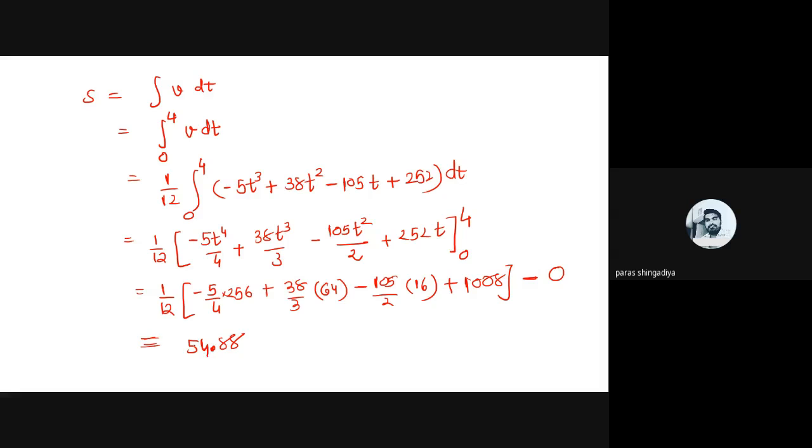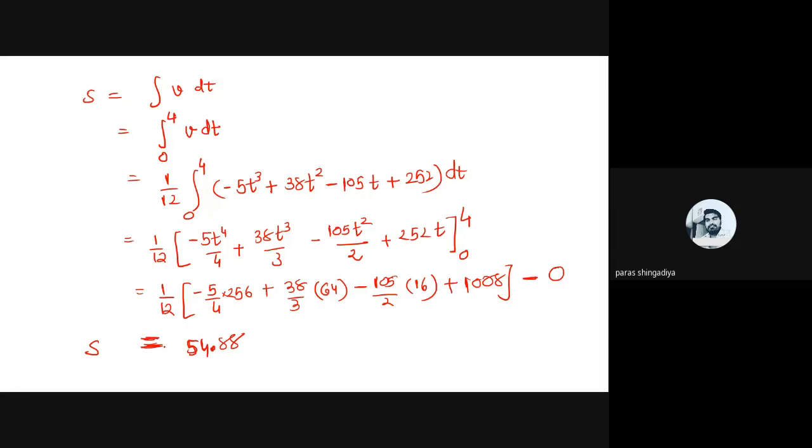After the 4 seconds, the body will cover 54.88 meters. 4 second के बाद, how much distance the body will travel in 4 seconds, that is 54.88. So s is equal to this, that is the distance for this body.